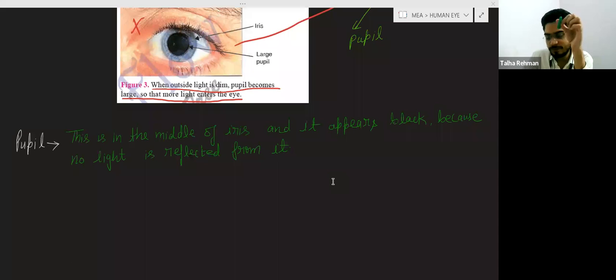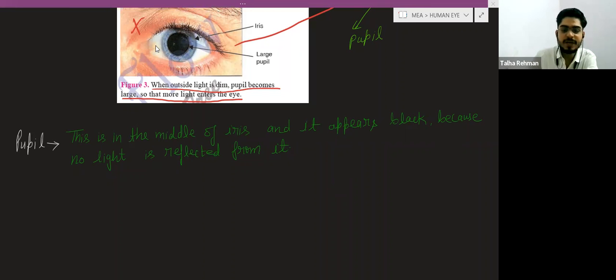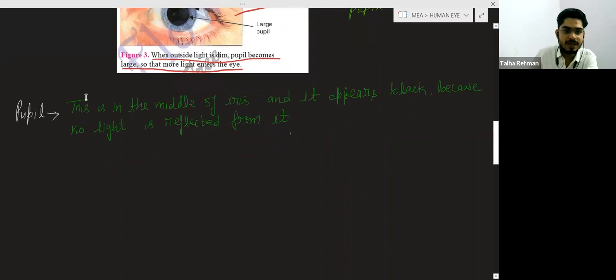Only the green color light is reflected, that is going into our eyes. That is why this cap is looking green. And this pen is looking black. Why? Because all the light is absorbed by this pen, no light is reflected by this pen. After that we have eye lens.